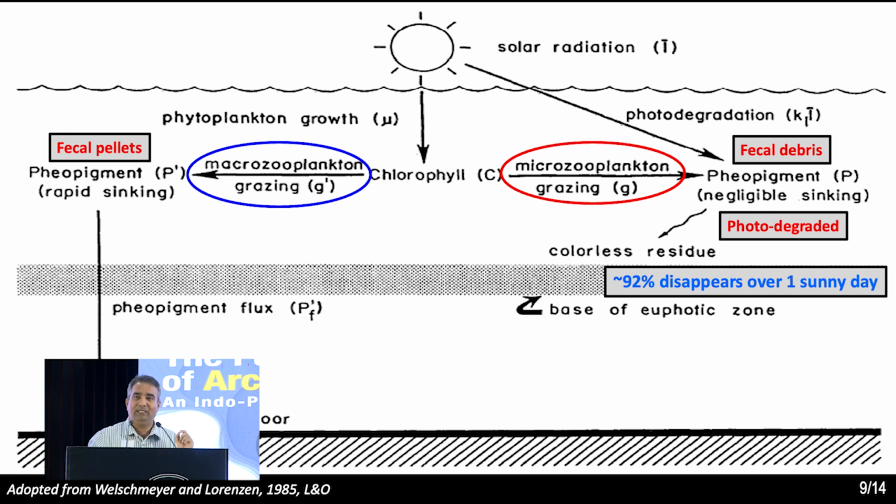So that will give us a signature of what kind of phytoplankton or zooplankton is present in the water column. Even though we do not have direct measurements of grazing, our colleagues from CMLRE did a grazing experiment at the same time, and that could substantiate that microzooplankton grazing was dominant during that time.